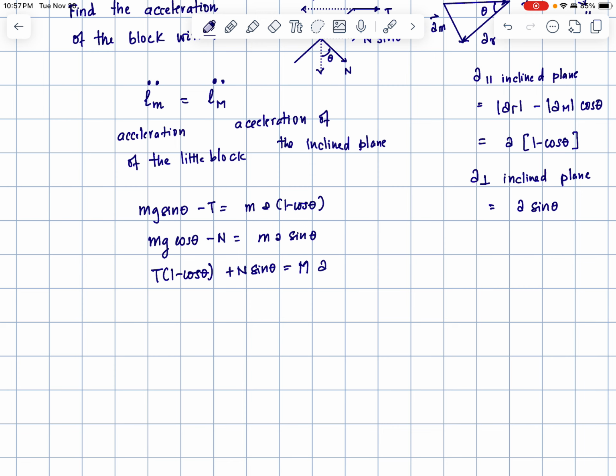Now we multiply the first equation by (1 minus cosine theta) and the second equation by sine theta, and we add them together.